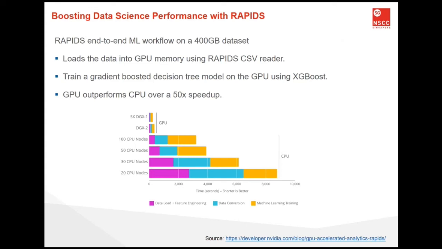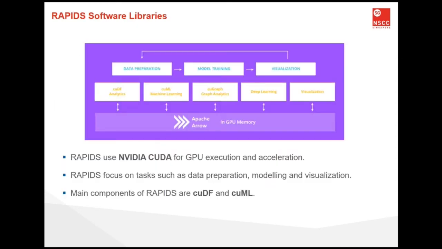Comparing GPU to CPU performance one-to-one, this equates to well over a 50 times speedup. RAPIDS can achieve speedup factors of 50 times or more on typical end-to-end data science workflows.